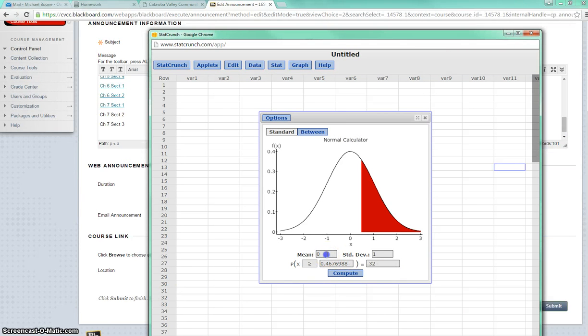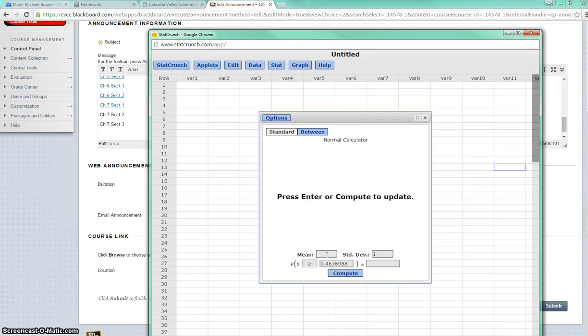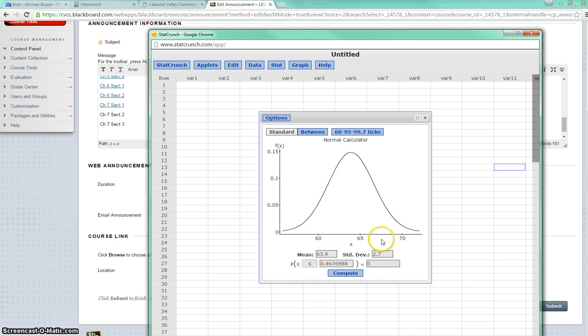So we know the mean is 63.9. We know the standard deviation is 2.7, and we want to find what the rank is, so everything underneath this value of 60.2.